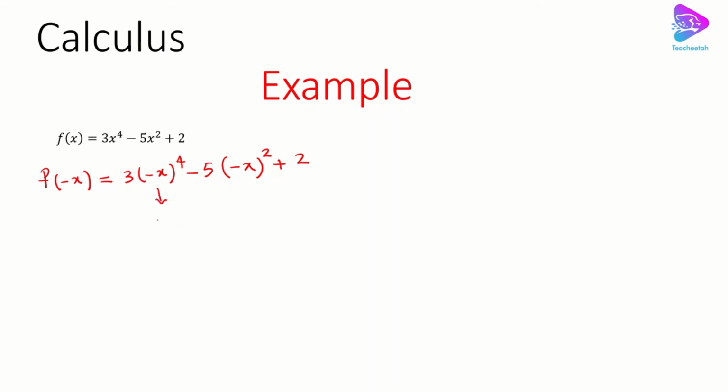Therefore this is going to be x to the power of 4, and the same rule happens here, x to the power of 2, and finally we would have 3x to the power of 4 minus 5x squared plus 2.